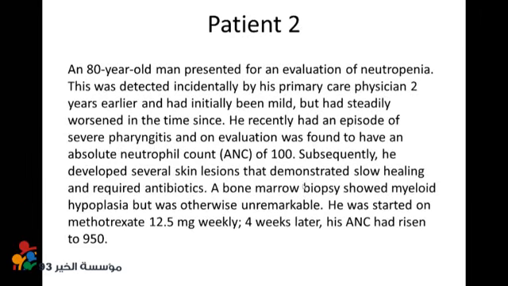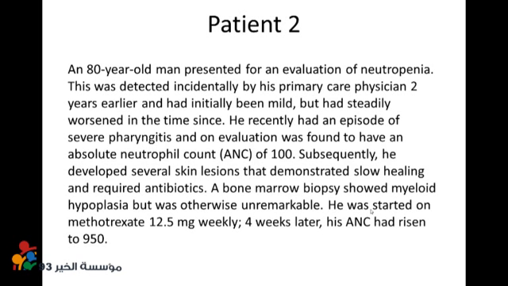The next is an 80-year-old who presented for evaluation of neutropenia. This was an incidental finding by the primary care physician 2 years earlier. Initially it was mild, but steadily started to get worse over time. Recently, he had an episode of severe pharyngitis. On evaluation, he was found to have an absolute neutrophil count of 100.